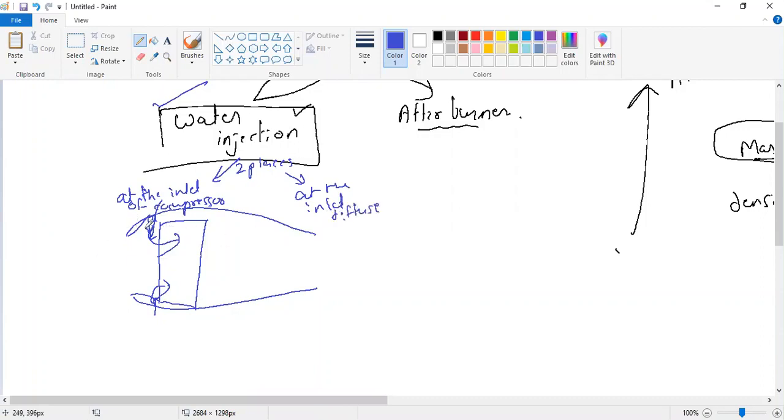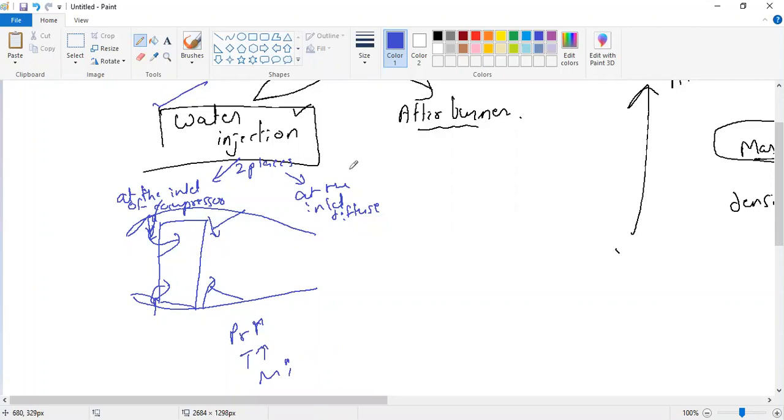If I want, I can not add the water into the compressor, but add it at the inlet of the diffuser. Same effect. High temperature air which is coming over here, along with the water, when it enters the diffuser, diffuser has got a divergent section, pressure increases, temperature increases, mass increases.